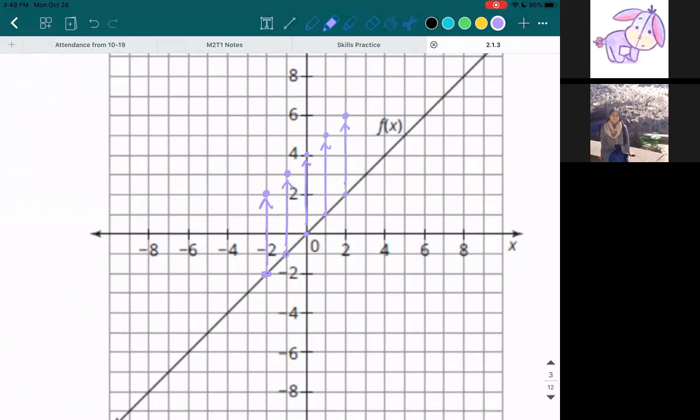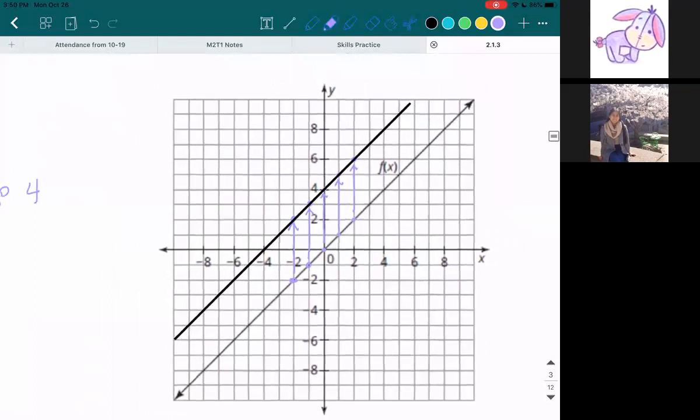All right, so for this one, we have moved up 4, and now I can just connect them all with a straight line. Okay, so I've connected them with a straight line, and here is our g of x function, and we can label it g of x. So all we did was we took the old points and we moved them up 4, and that brings us to g of x.